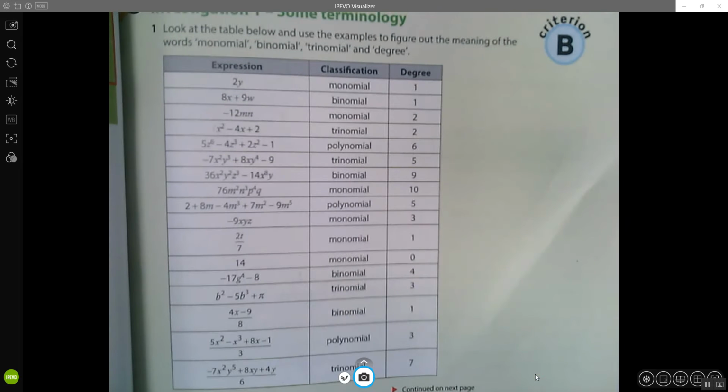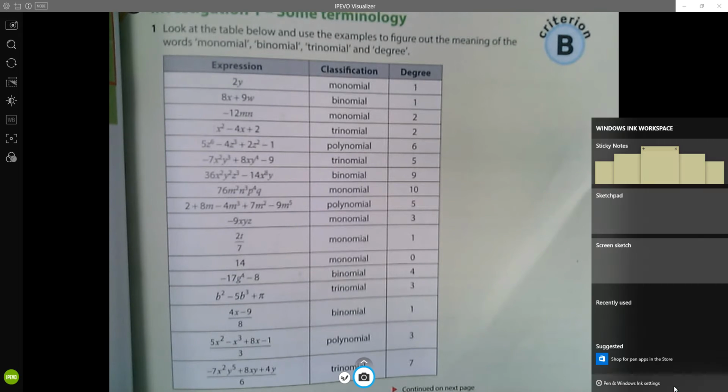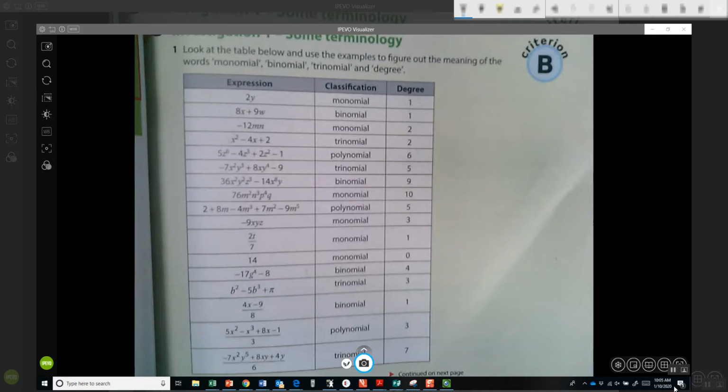What makes a monomial a monomial? Yes, they have only one term. So a monomial has only one term.